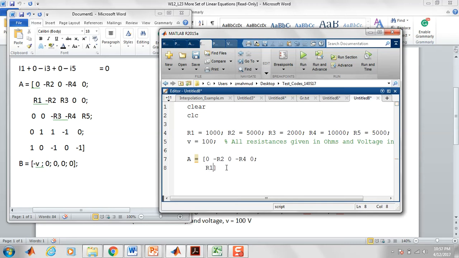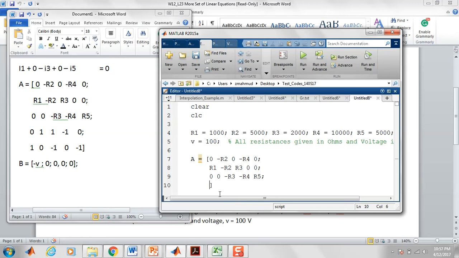So then in the next line I'm going to write R1, and then I will have negative R2, and I will have R3, and I will have 0, and I will have 0. So I have the second equation done. Third equation, which is right here, which is going to be 0 and 0, and then negative R3 and negative R4 and R5.